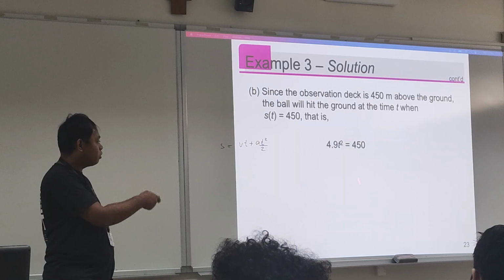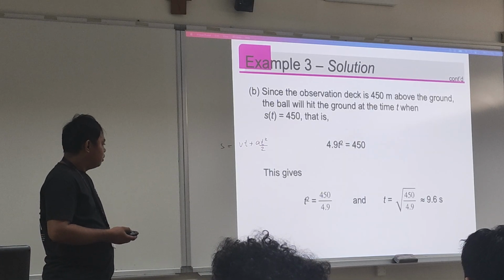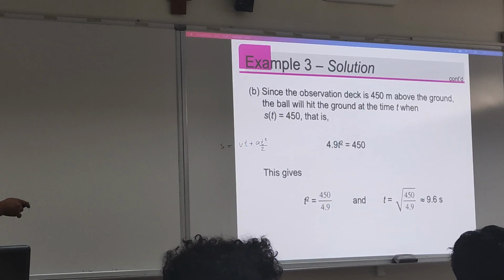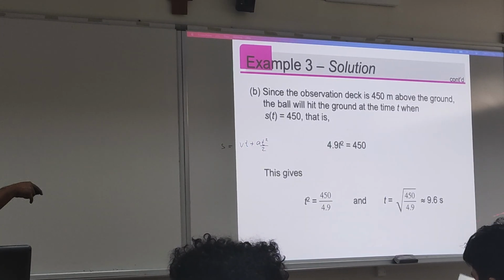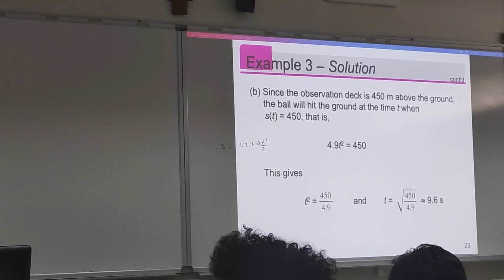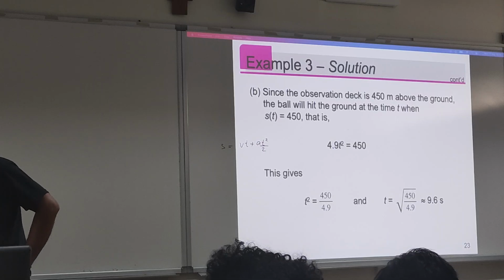So you can find out what will be the height. Find t from that one. So with that, t squared is equal to 450 over 4.9, or taking the square root of both sides, that will be 9.6. That is the corresponding time for the ball to hit the ground.